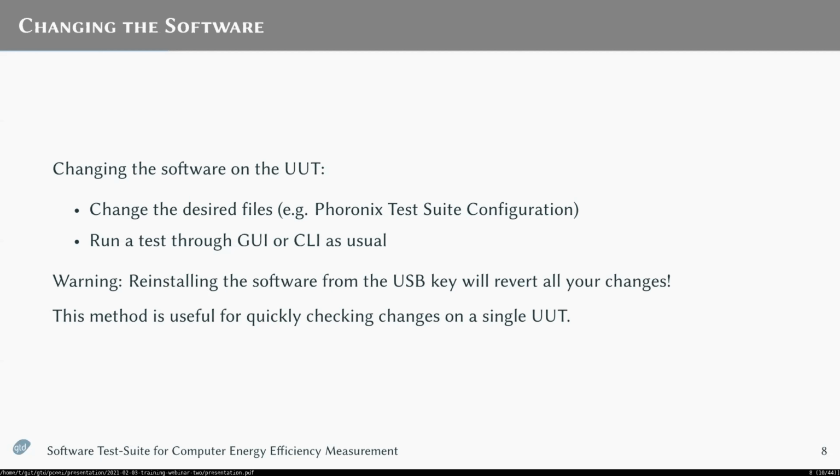With this method, you can then just continue your test run as usual without having to reinstall something or copy anything over again. Of course, there's also a warning to that method. If you then reinstall the software from the USB key, it will also overwrite all your changes.